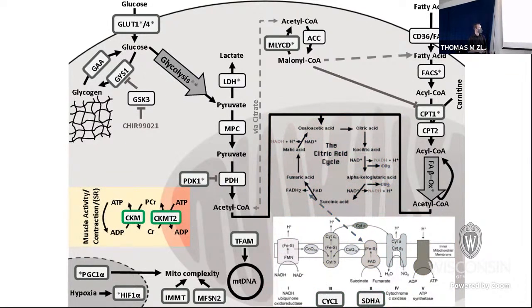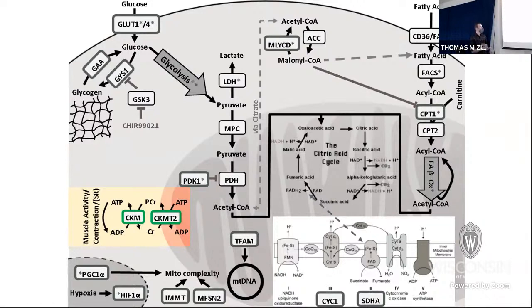Another key thing that we expect in the cardiomyocytes is this creatine shuttling pathway. Your cells like to contract a lot, and it requires a lot of energy to contract, and that energy comes in the form of phosphates. The way this is achieved within cardiomyocytes is through these two proteins here, which are called creatine kinases.